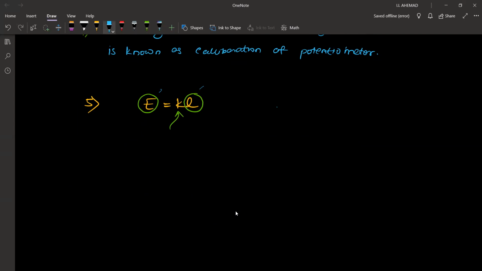The standard cell we use to calibrate is called Western cadmium cell, okay?